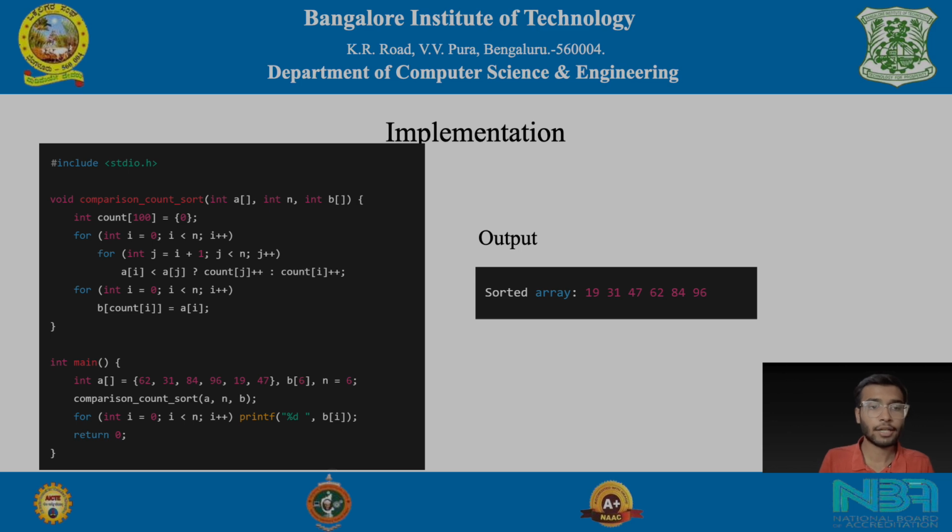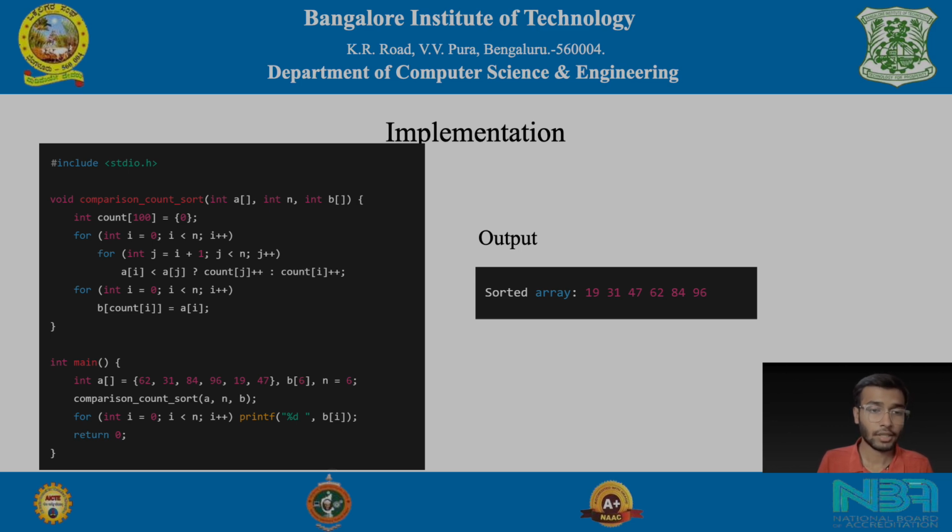So here is the implementation of counting sort by count. First we start a for loop, and initially we have created a count array of size 100, and we initialized all of it to 0. Next we have started two for loops, and if the ith is smaller than aj, then we increase the count j element, otherwise we increase the count i element.